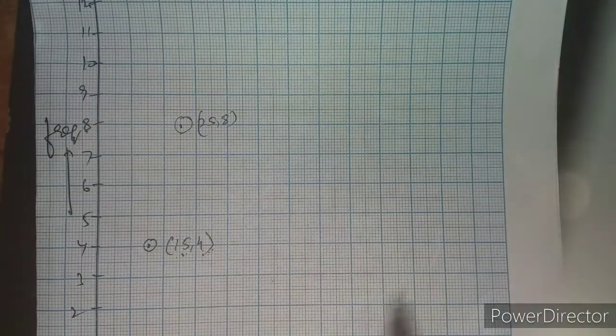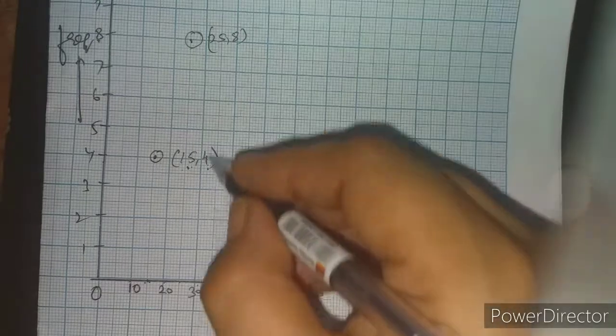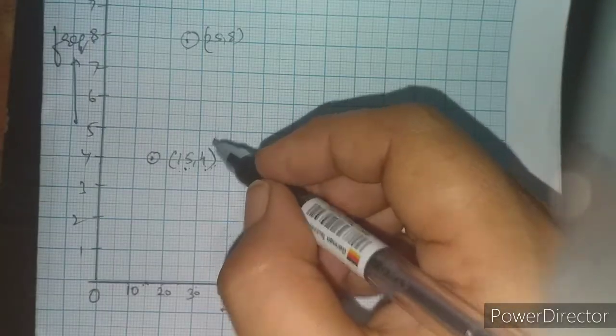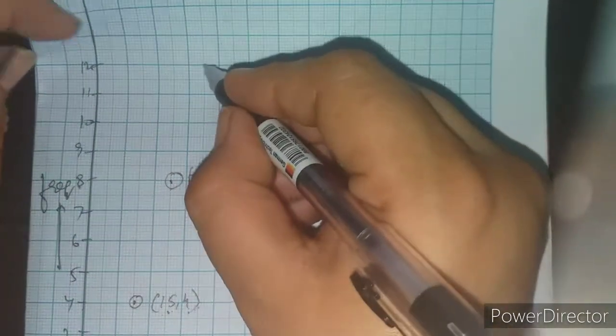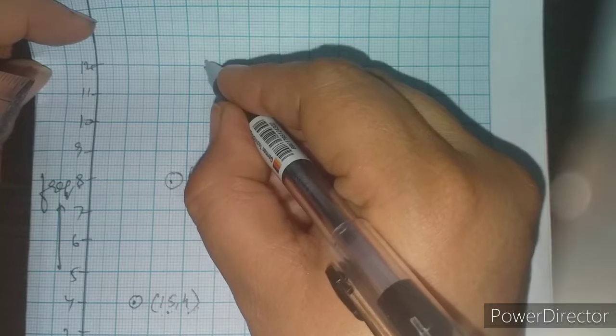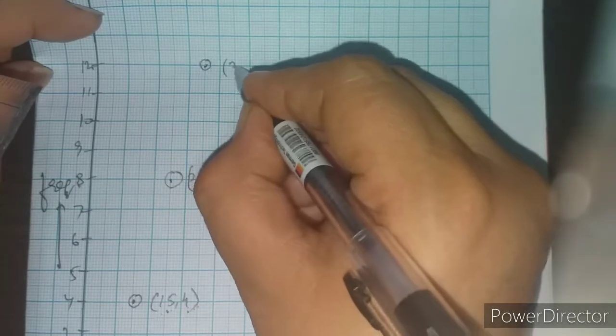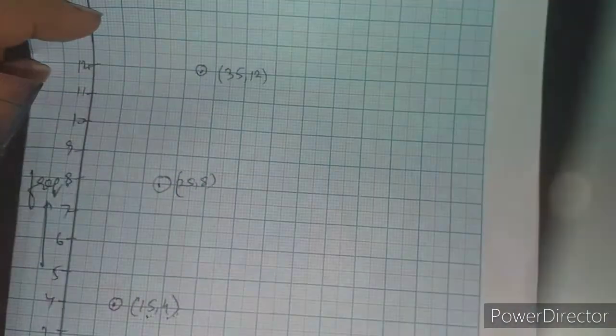Third one is 35, 12. So from 30 to 40, I will take up 35, and against that I have to plot 12. Okay, so it is here, 12 is here, and between 30 to 40 will be 35. So I will mention here 35, 12, right?